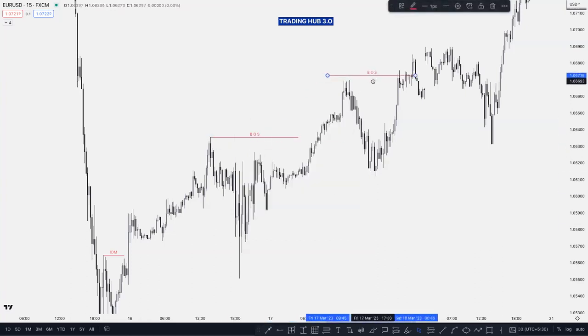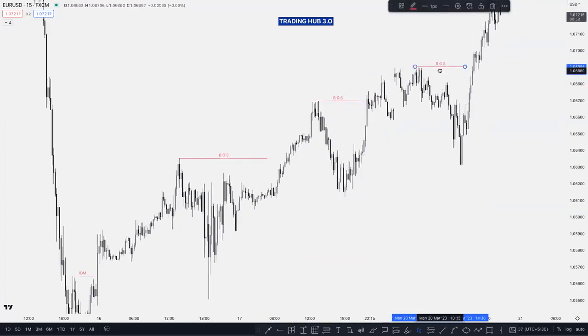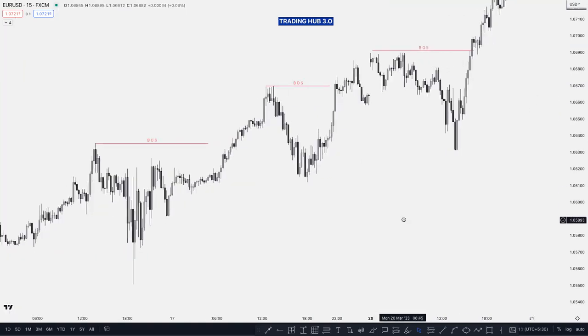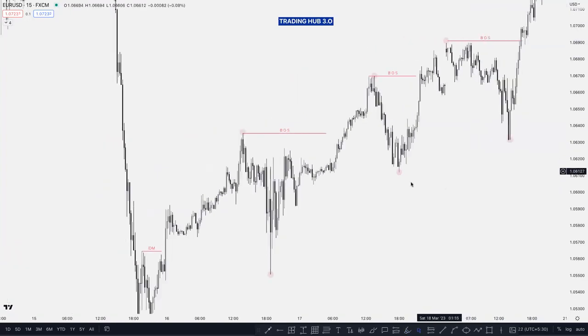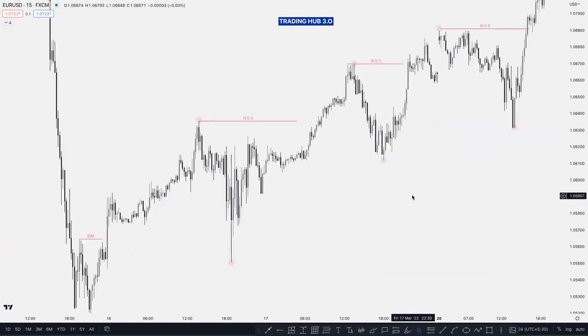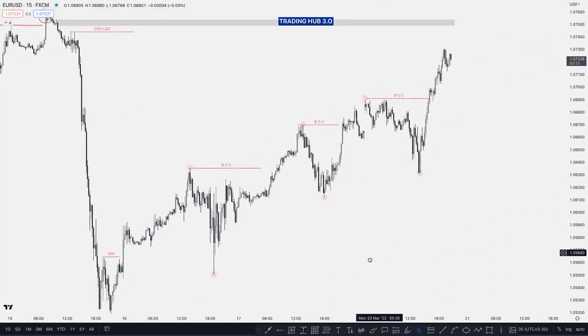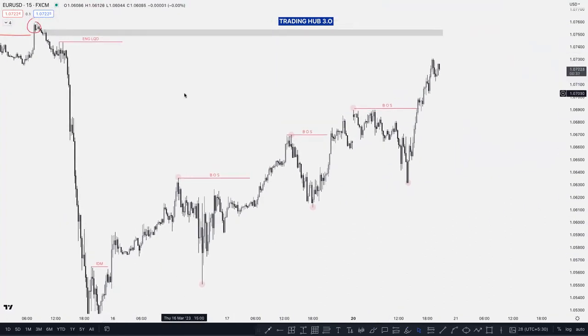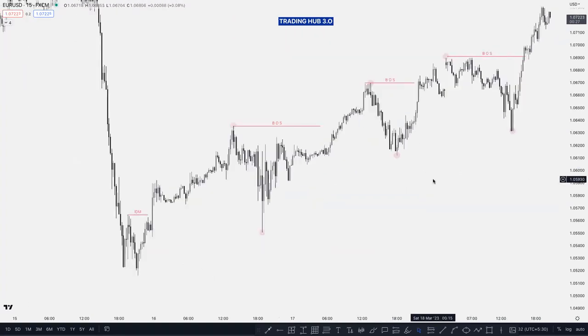Okay, and this one is also a break of structure, again a break of structure, and this is our higher high, higher low, higher high, higher low, and this is our higher high and higher low, right? So this is a bullish market in the internal structure, okay, to mitigate, to take out this internal liquidity, so we can simply buy and sell here, right?